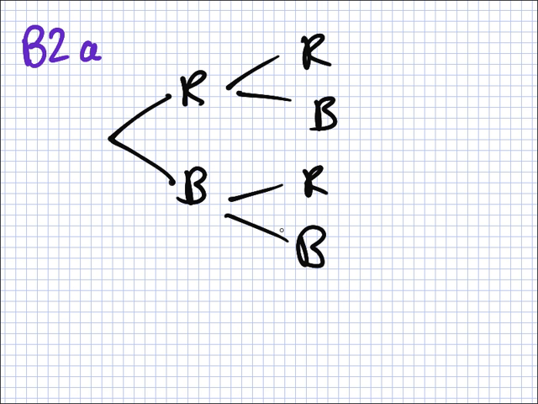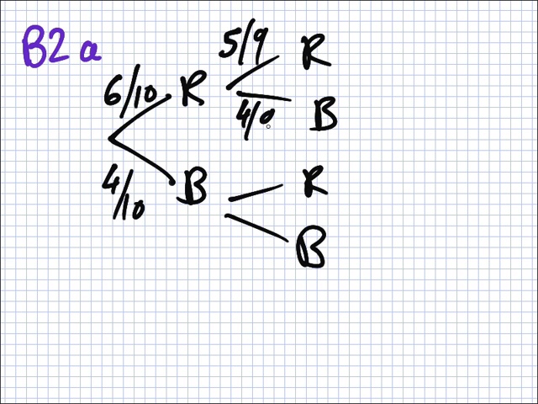I don't understand. So, red at the beginning is 6 and blue is 4. So this will be 5 and this is still 4. Oh, sorry, 9, thank you. And this is still 4 over 9. And this is going to be 6 over 9 and 3 over 9.